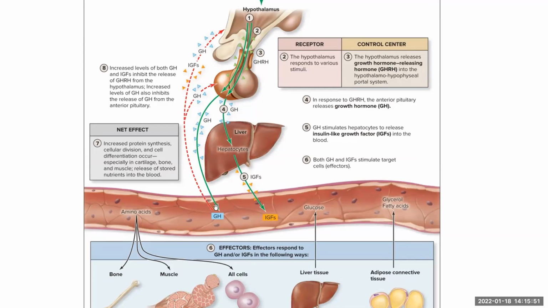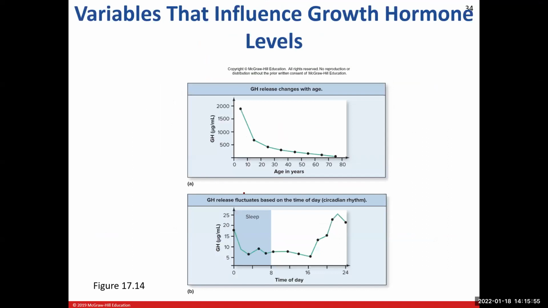All right, we're on that big feedback loop there. So you can see here, these slides kind of show you, as we get older, how our growth hormone falls off. Usually it's in pretty high amounts in our early childhood, throughout our teenage years and adolescence.